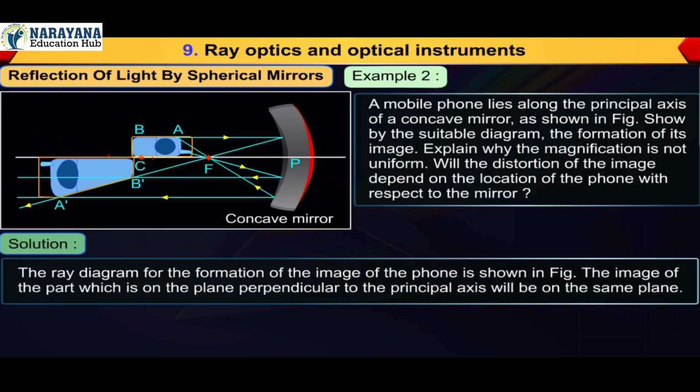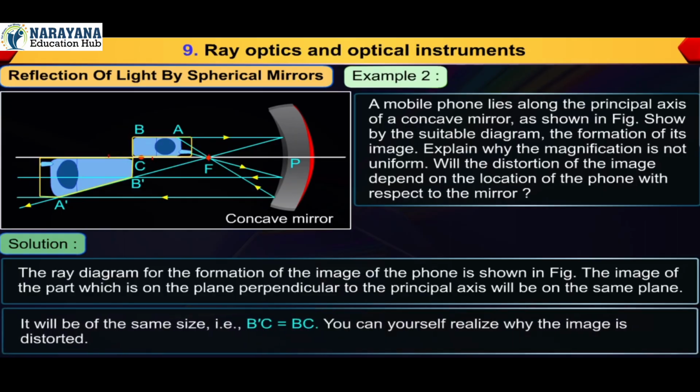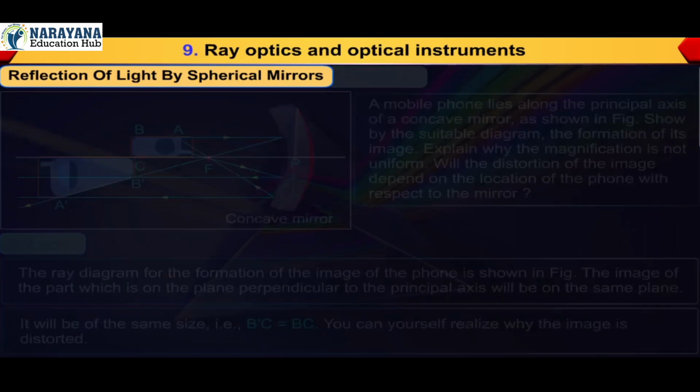The ray diagram for the formation of the image of the phone is shown in the figure. The image of the part which is on the plane perpendicular to the principal axis will be on the same plane. It will be of the same size, that is B'C' is equal to BC. You can yourself realize why the image is distorted.